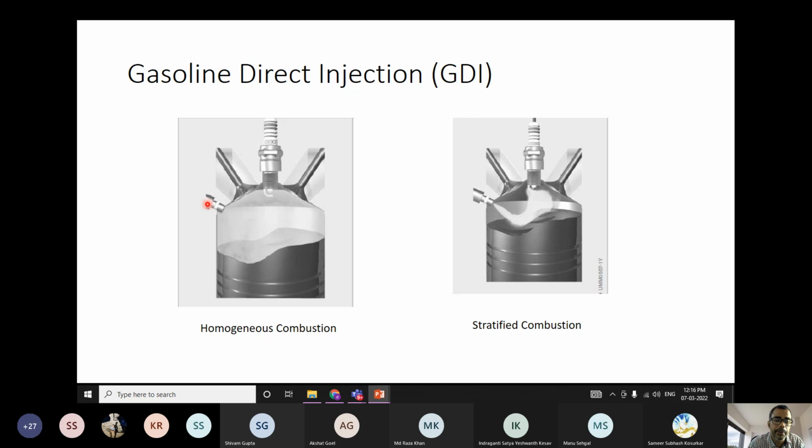We studied in the PFI mode that fuel injection timing is not a very critical parameter if it is a liquid fuel.